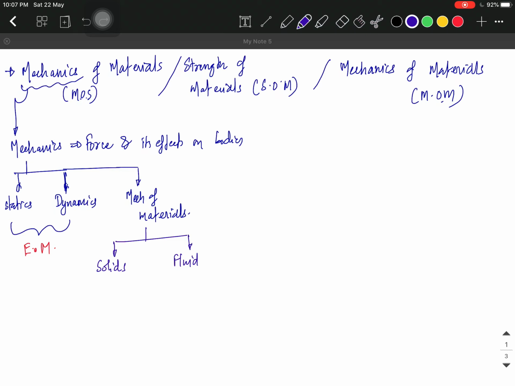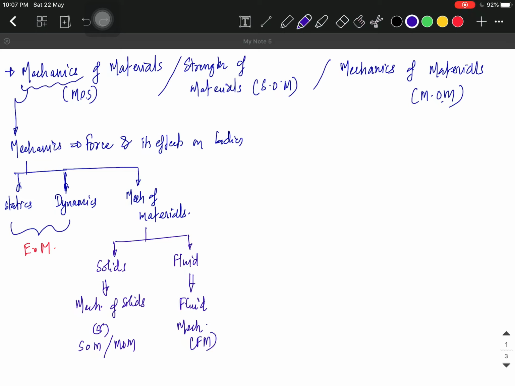The subject that deals with the mechanics of solids is simply called mechanics of solids, or strength of materials, or mechanics of materials in a general term. And the subject that deals with the mechanics of fluids is called fluid mechanics.